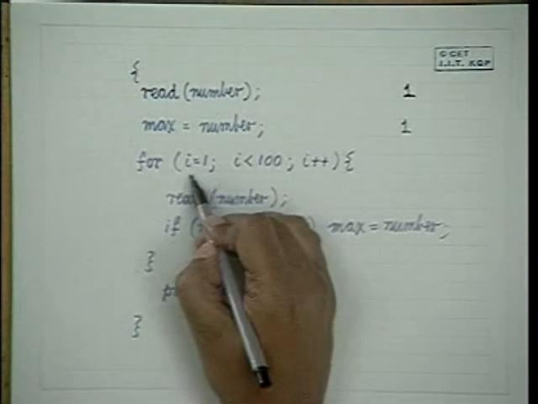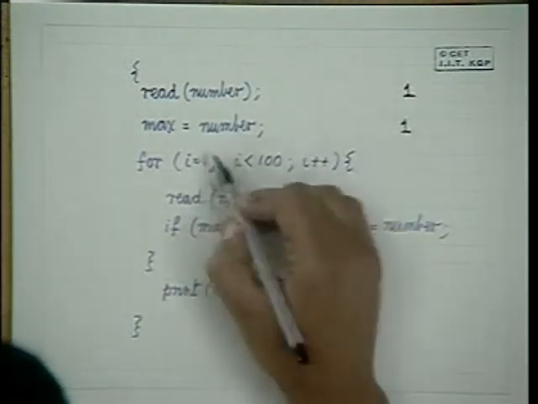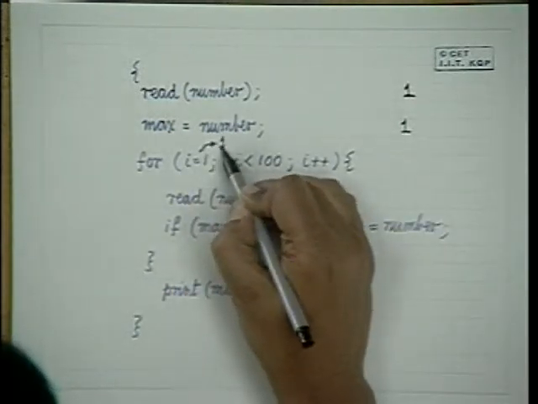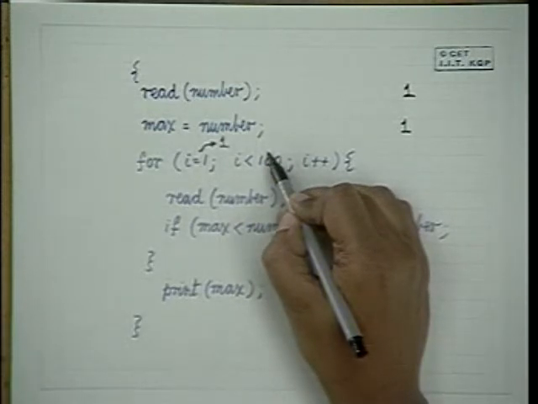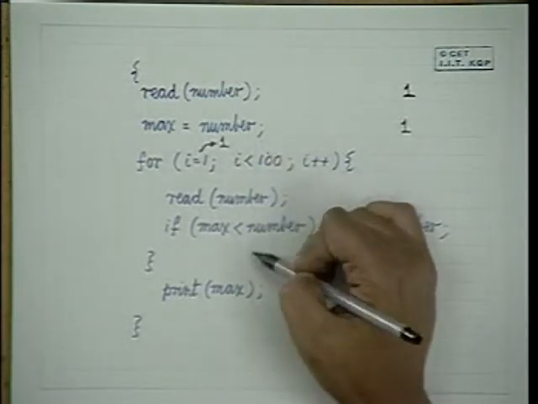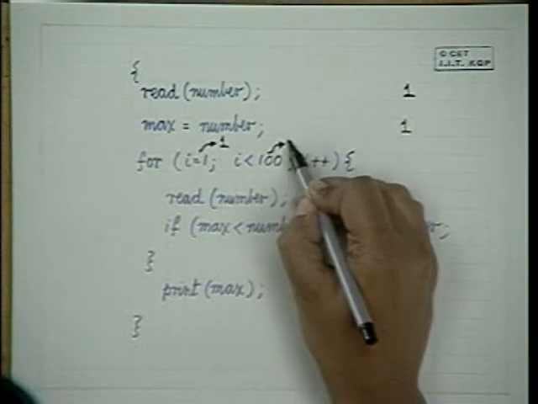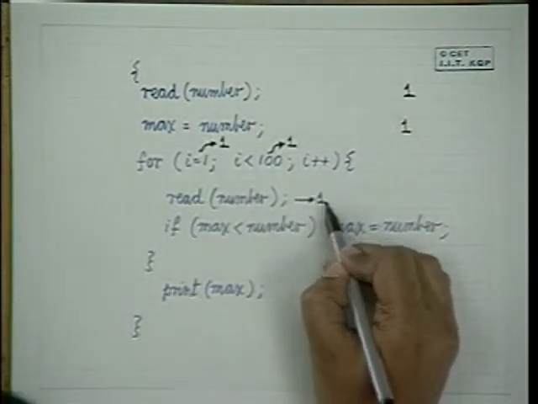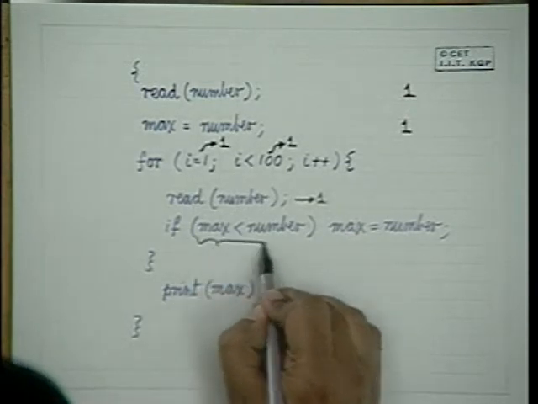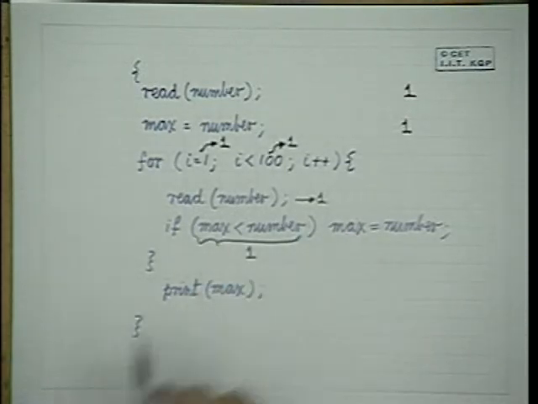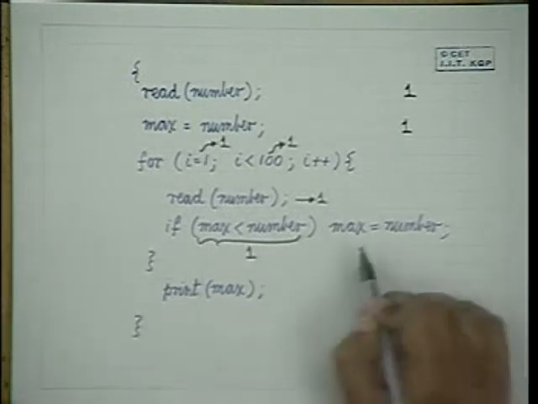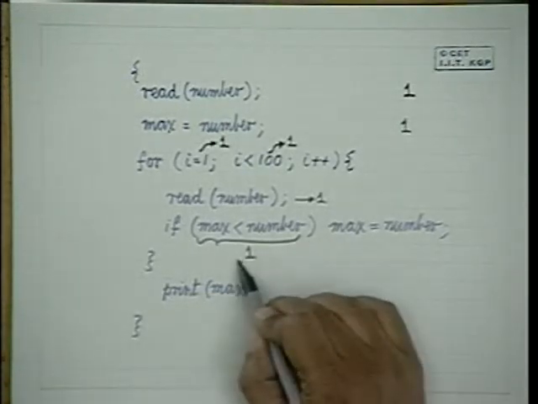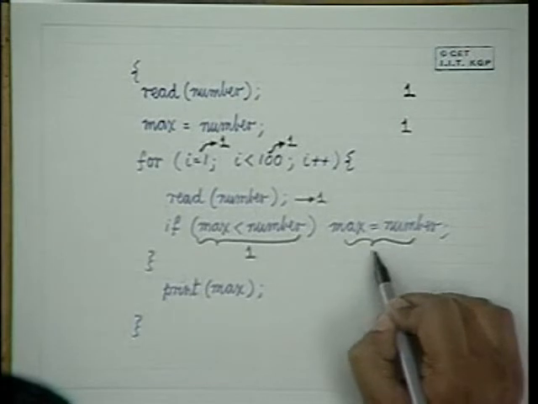This statement will be executed once, so this will take 1 unit of time. This statement will be executed once in the first, when we go in, say 1 unit of time. Then this will take 1 unit of time. This will take 1 unit of time. And if this is true, in the worst case, this will take 1 unit of time.